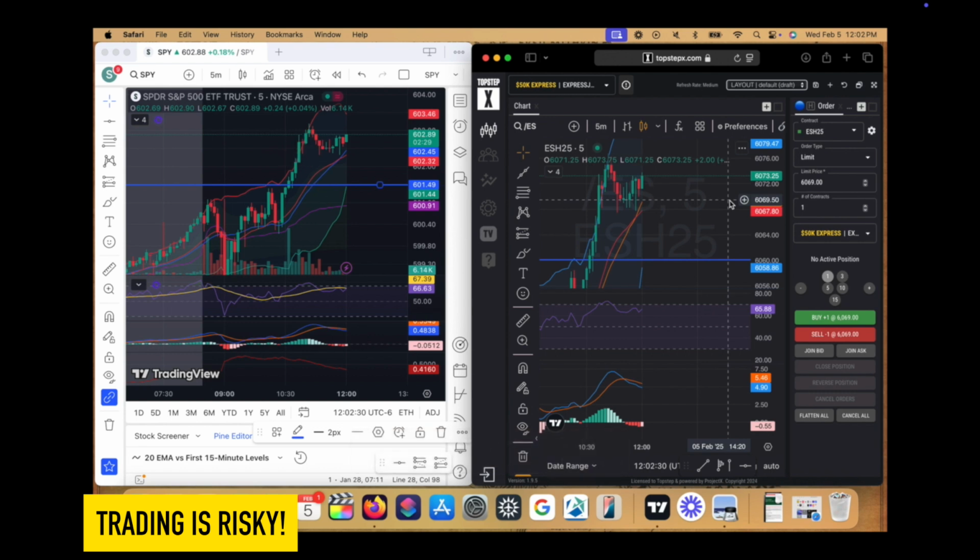So being patient on that entry is so important, right? Just making sure you're getting it at the right spot so you can get out at the right spot. And then maybe walking away. But like I said, I like this strategy. So far, it's worked out well. Again, strategies don't always work all the time, so you are going to lose, but it's worked out okay.